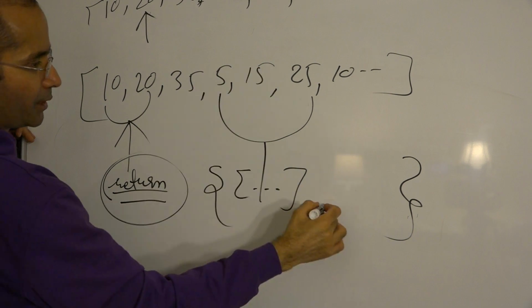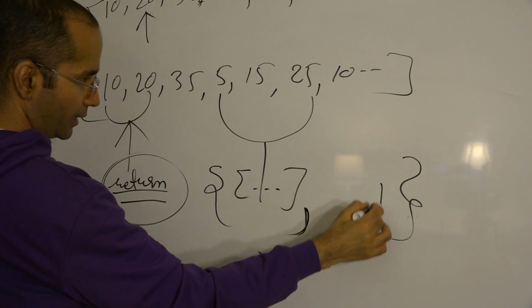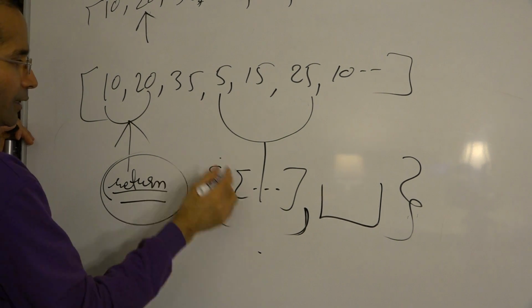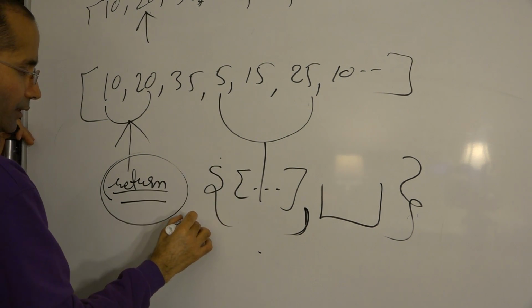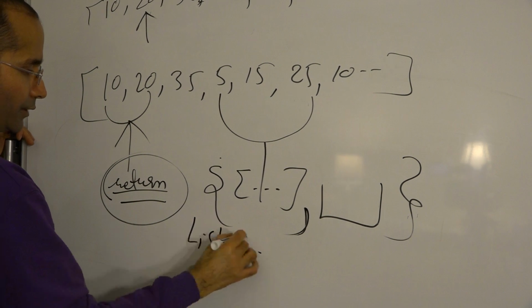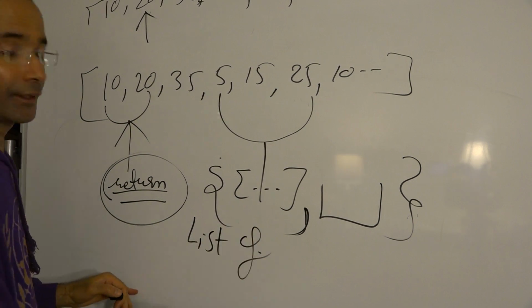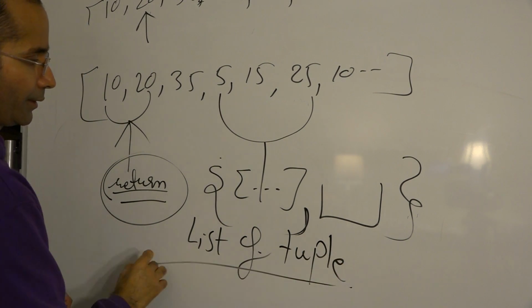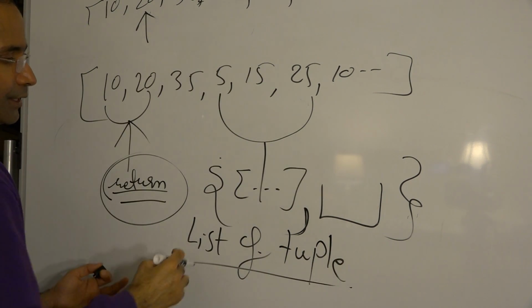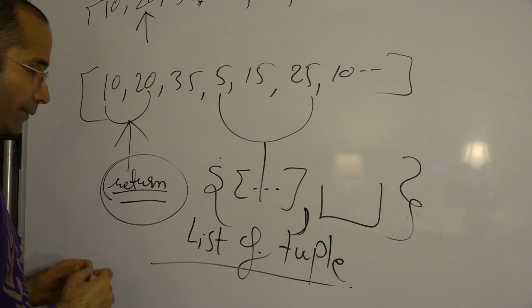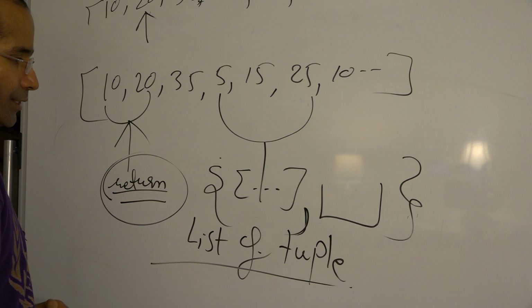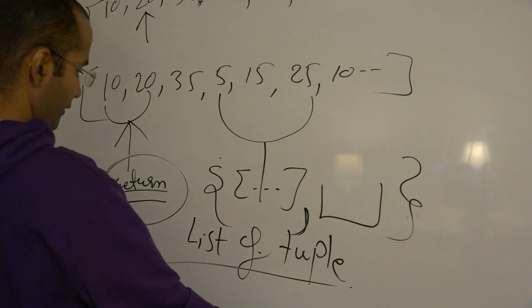Next time it finds a match, again add that tuple, and you could actually have a list of tuples, and then eventually you can return that list of tuples, right? So that's how the modified problem can also be solved.